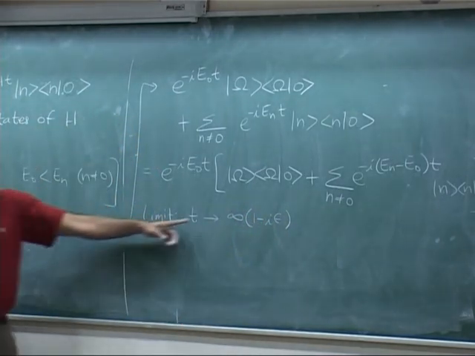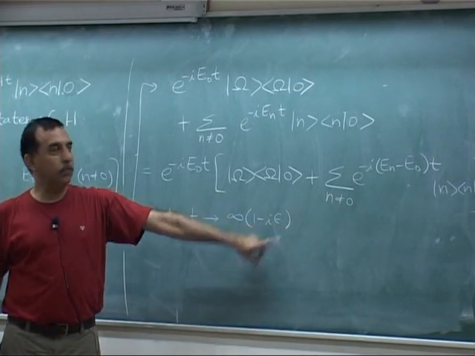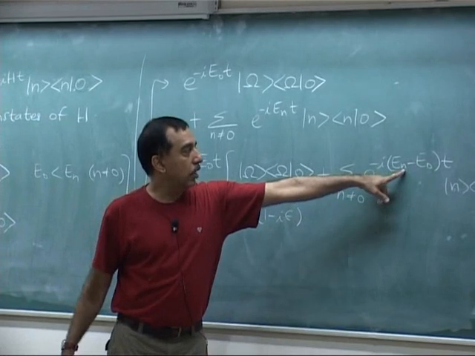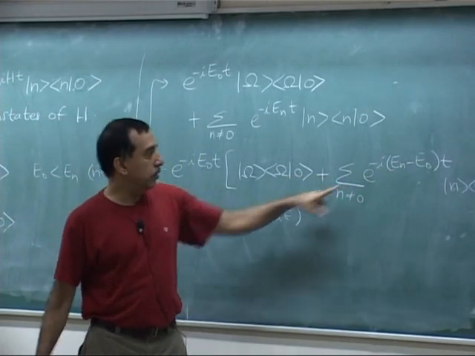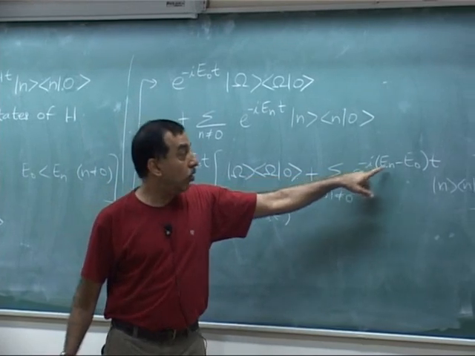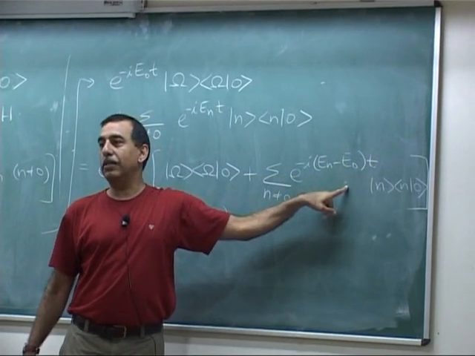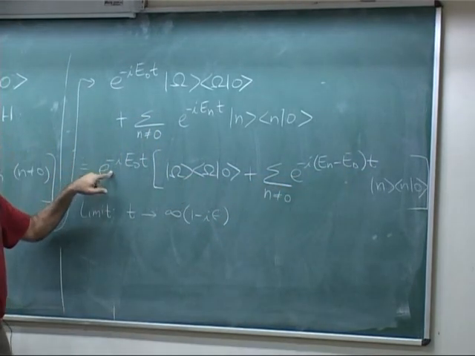That means I take it to a large numerical value times a complex number 1 minus i epsilon. Now you see over here that this minus i epsilon piece hitting this minus i gives me minus epsilon. These are all positive and this is a number that's going to infinity. So all these terms are gone compared to the leading one.